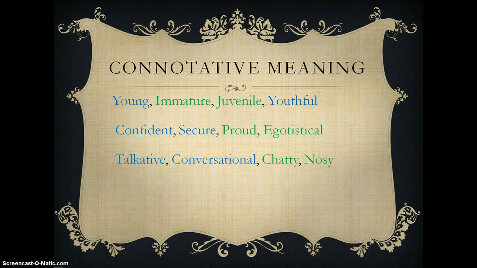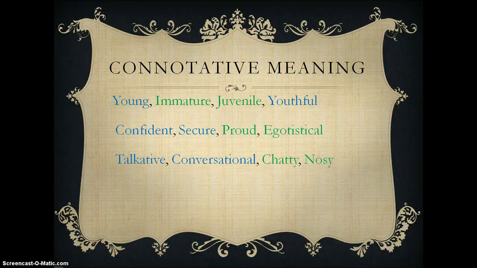Next, we have the words confident, secure, proud, and egotistical. Confident and secure are the more positive connotative meanings here. Proud and egotistical are again like immature and juvenile. They are normally used to present somebody in a bad light or negatively.